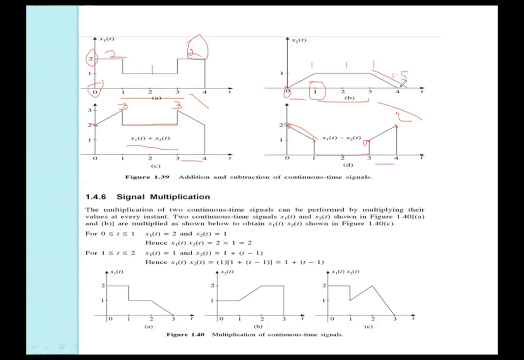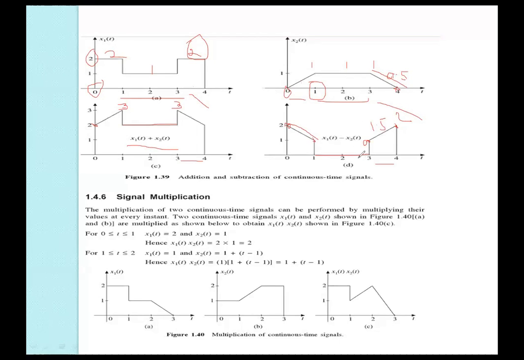Whenever it decreases here, it increases there. Whenever it increases, here also the value decreases. So 2 minus 1, and the next value is 0.5 only. Here it is not 1.5, it's 0.5. 2 minus 0.5, the value is 1.5 here. And 2 minus 0, the value is a 2.